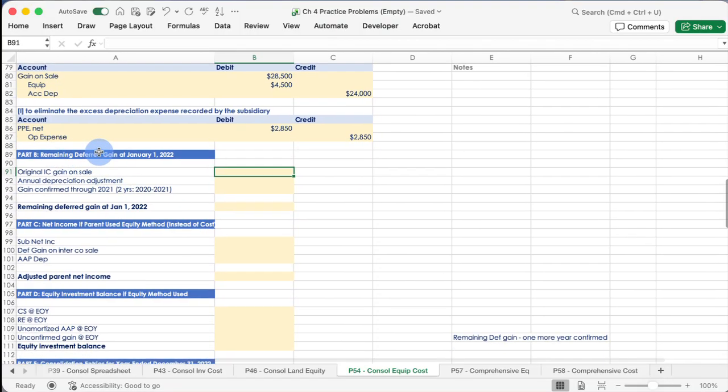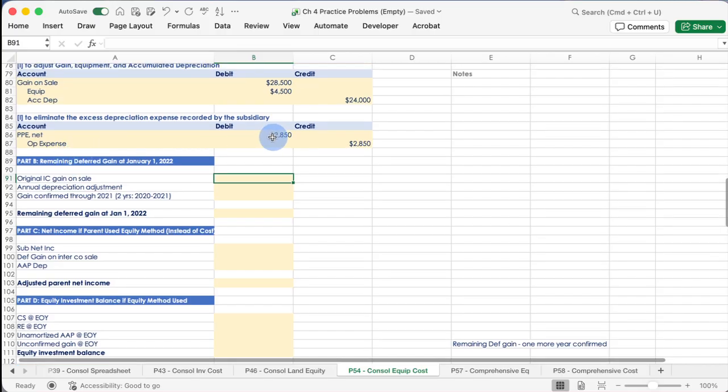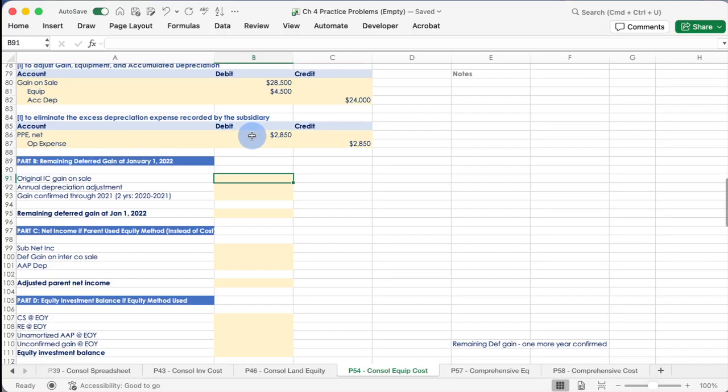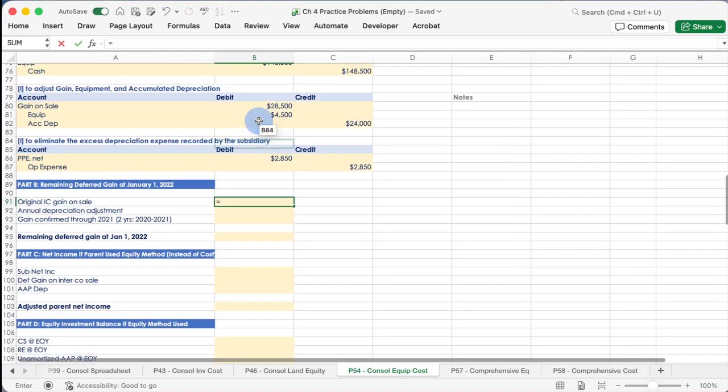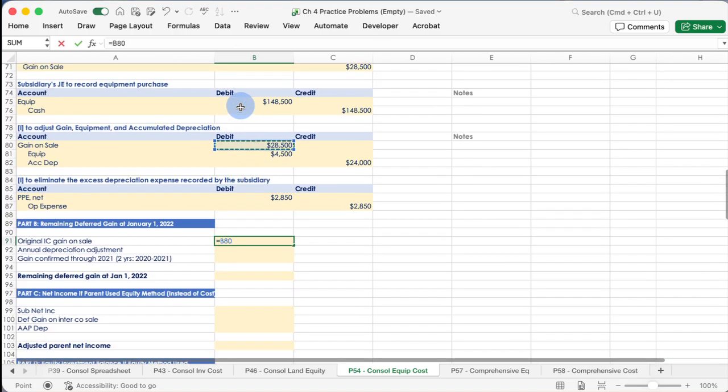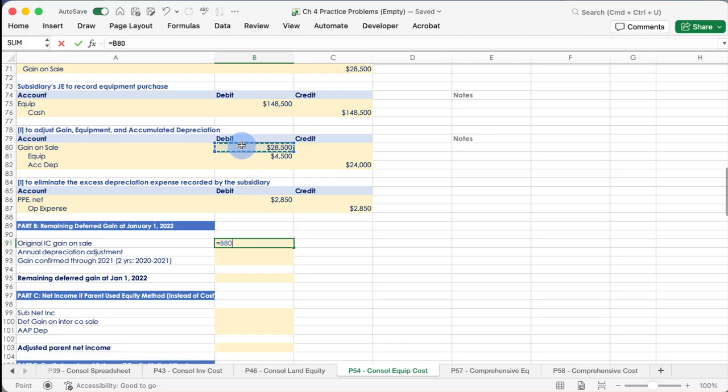Then part B is asking us to calculate the remaining deferred gain. And this is because that excess depreciation, we recognize the gain by that amount every year. And so at this point, how much of the gain is still deferred? And so we'll start with our original intercompany sale. Since we already have the gain right here, I'm just going to reference that rather than jumping all the way up to the top.